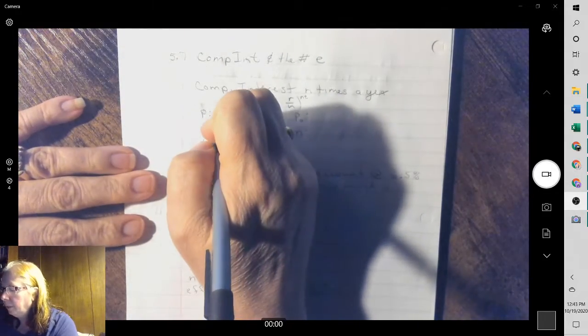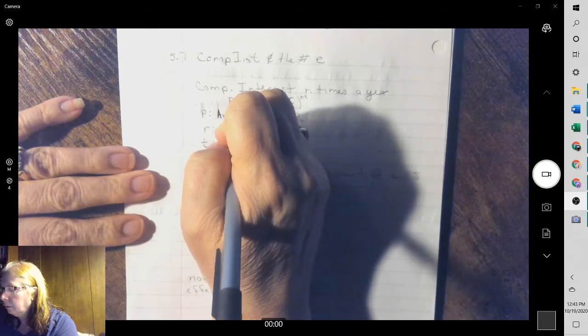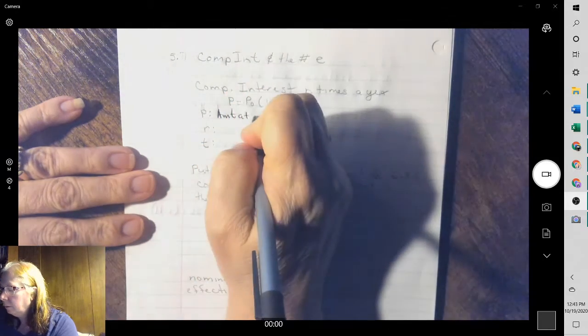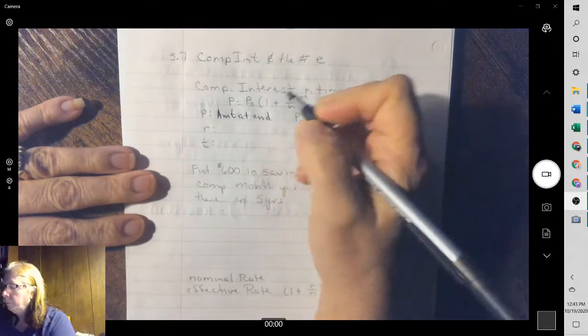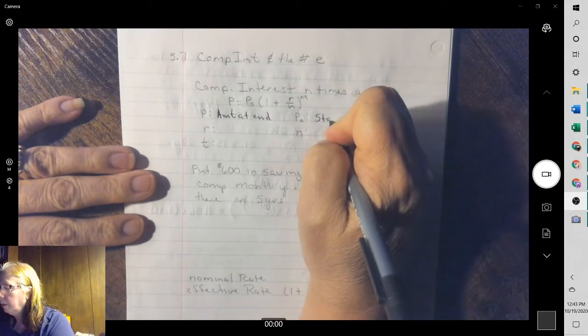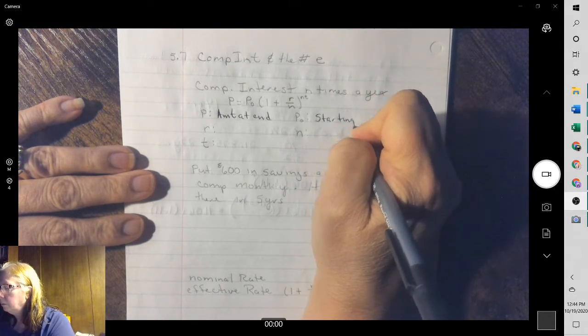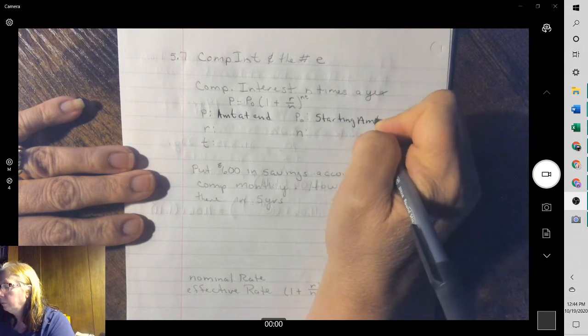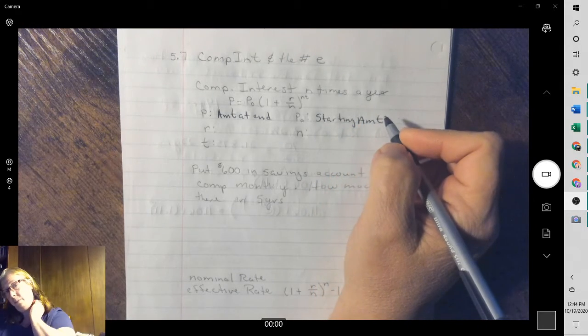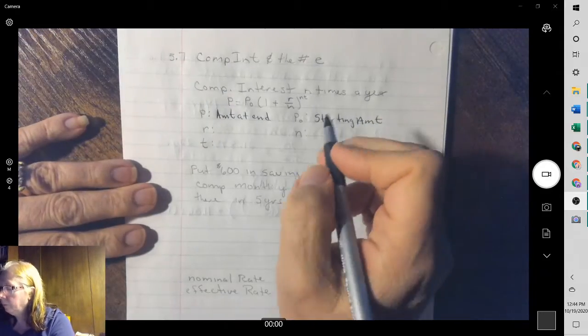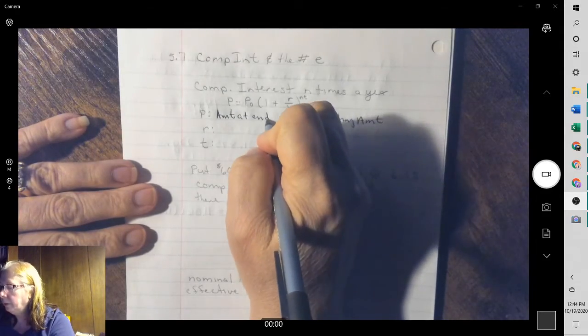This P is the amount at the end. P sub 0 is the starting amount, the initial amount, or present value, and this one's called future value.